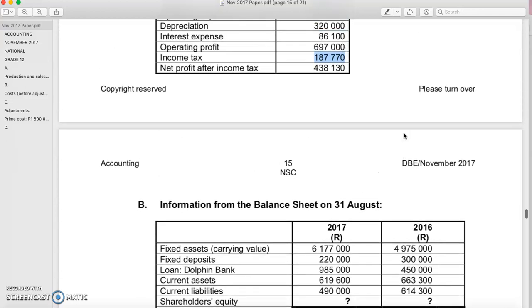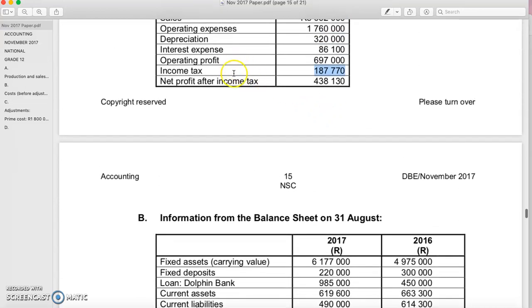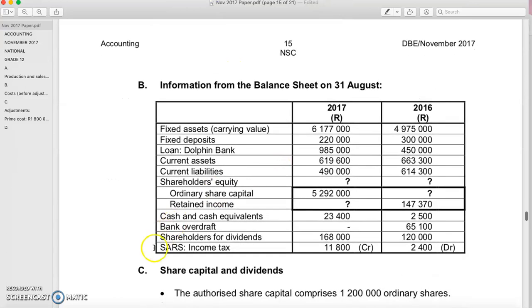I'm just going to explain it one more time. Income tax is an expense, okay? But SARS income tax is a liability. This is a liability account. And you know that liabilities, we have the debit and credit side, and they increase on the credit side.